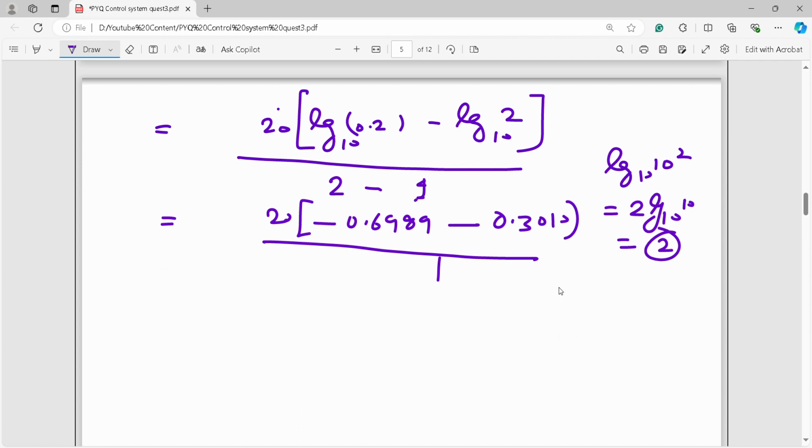So this is approximately coming minus 1 by 1. So it will be giving the minus 20 dB per decade slope.